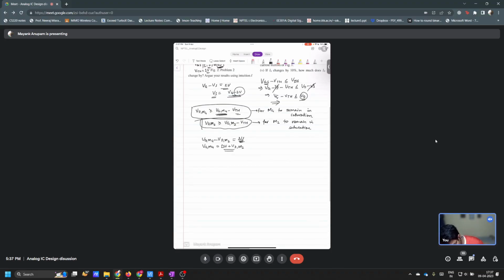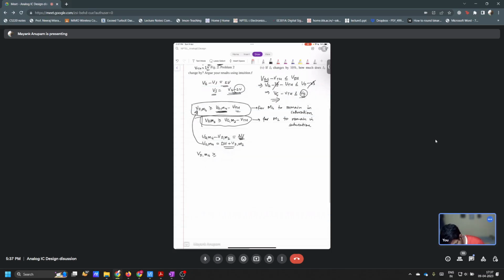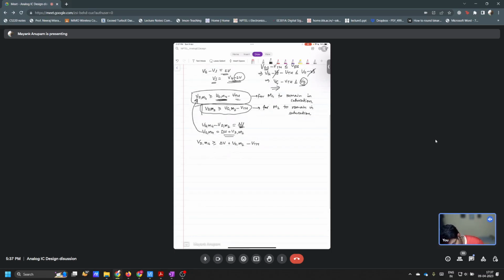So this VG of M4 I'm putting here. VD of M4 has to be greater than or equal to this. What is VG of M4? This is delta V plus VD of M2 minus VTH, and this VD of M2 I am using from here.